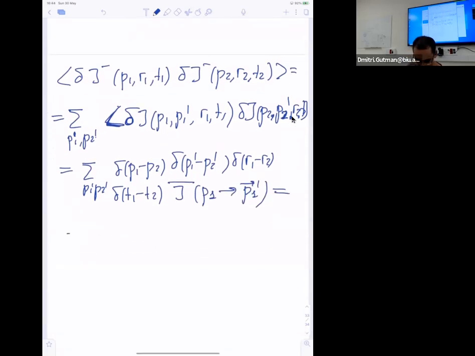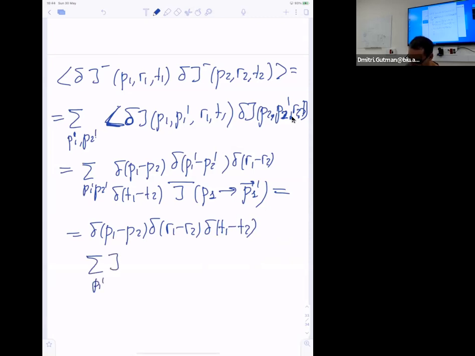And this will be equal to delta of P1 minus P2, delta of R1 minus R2, delta of T1 minus T2, sum over P1 prime of J from P1 to P1 prime. Okay.